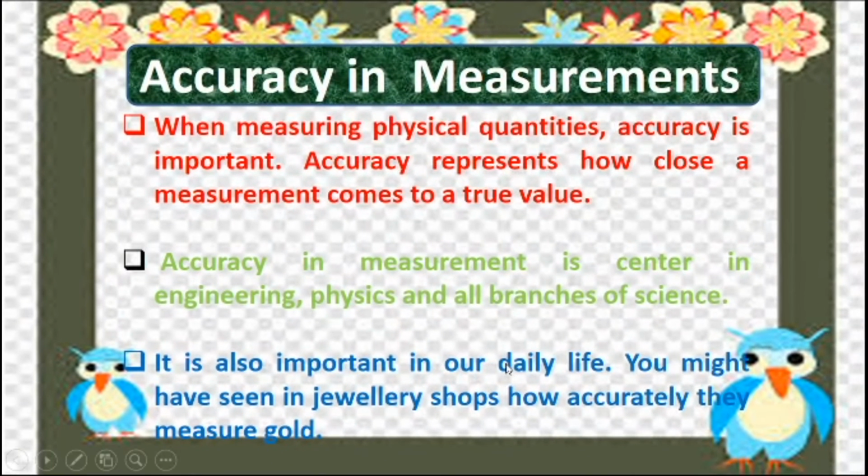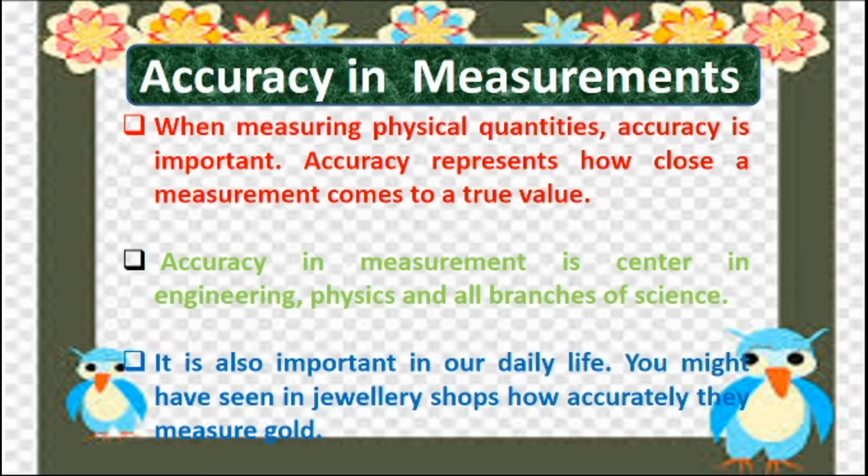The last topic is accuracy in measurement. When measuring physical quantities, accuracy is important. Accuracy represents how close the measurements come to a true value. Accuracy in measurement is central in engineering, physics and all branches of science.